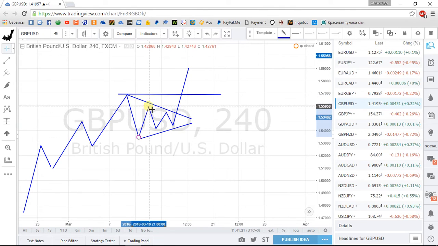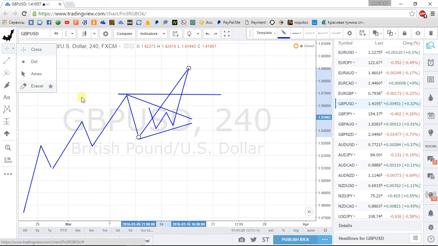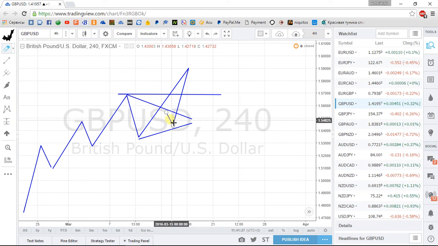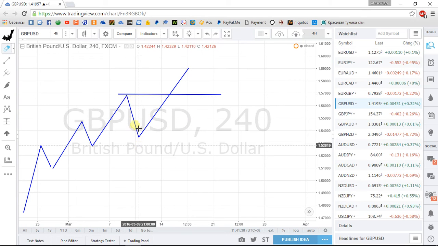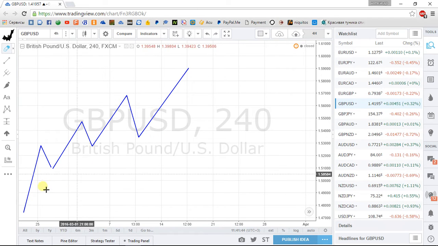I usually draw it like that, and these are deleted. So these are triangles. They mean almost nothing. It is simply a compound correction that consists of several movements, not a straight one. I only show it with a single line for simplification, but you can know that we may have several movements here.